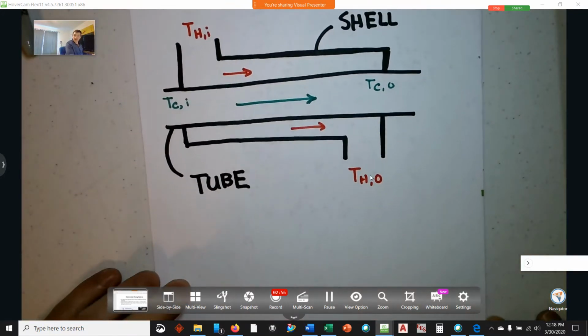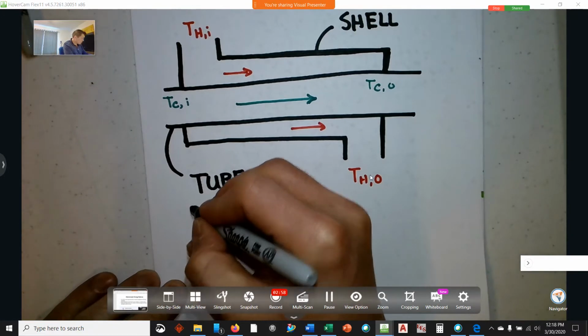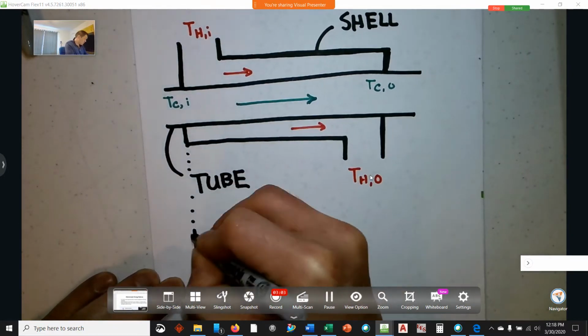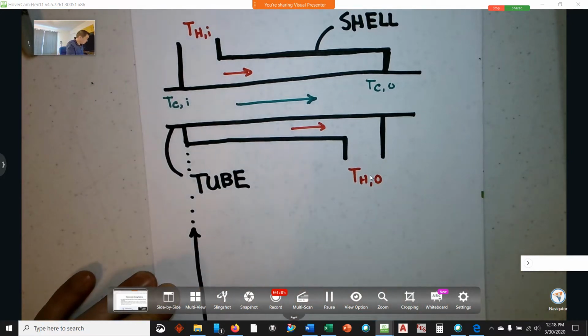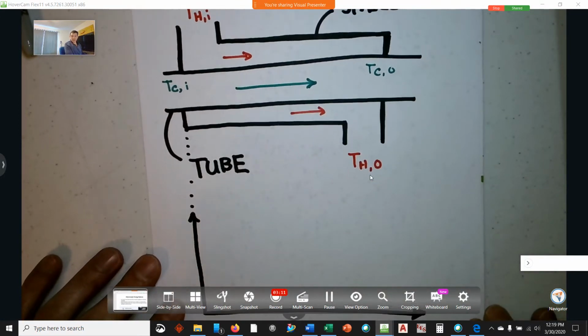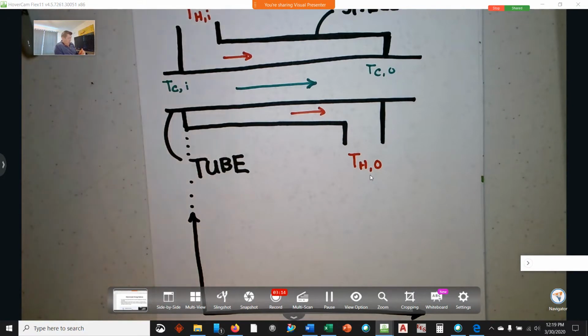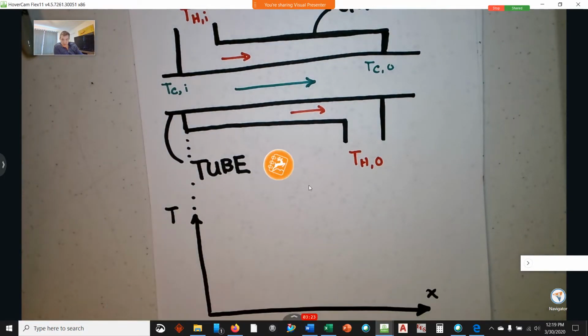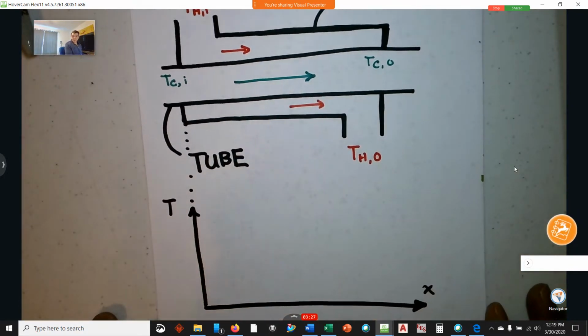And if we plot this spatially, so we'll look at both the hot process fluid and the cold process fluid as it's moving through here spatially. And I think I can move this thing down. Good. Move that bubble.